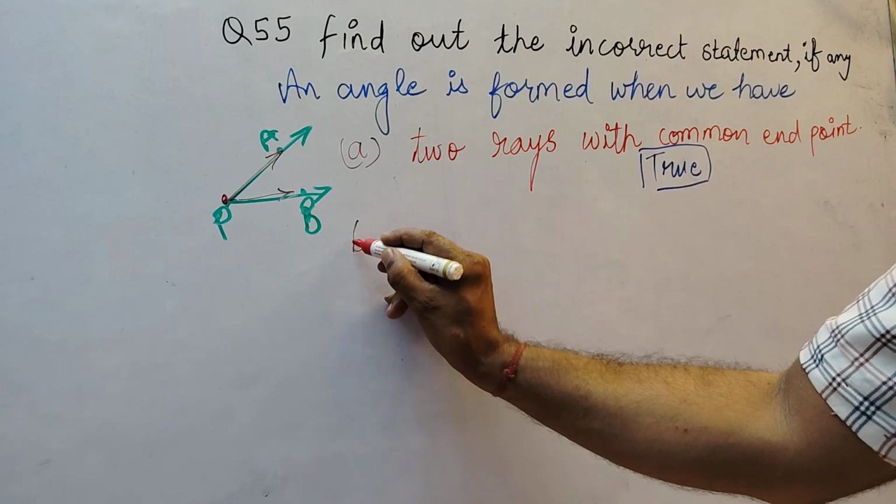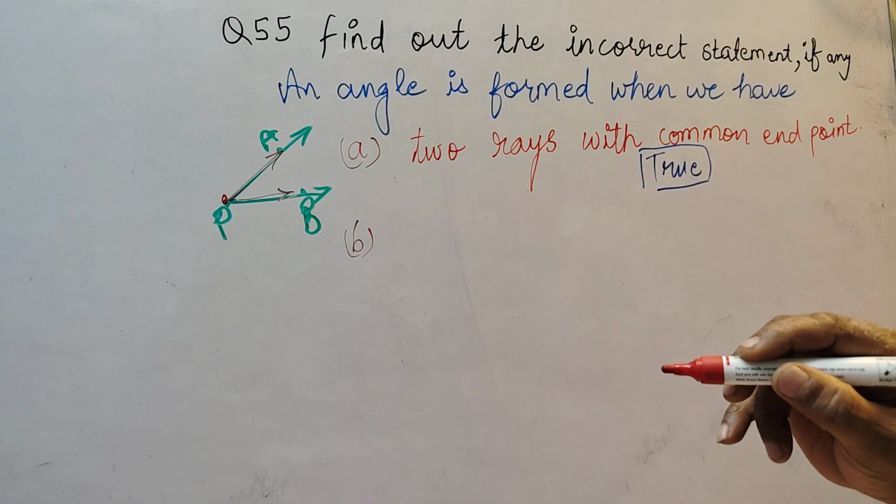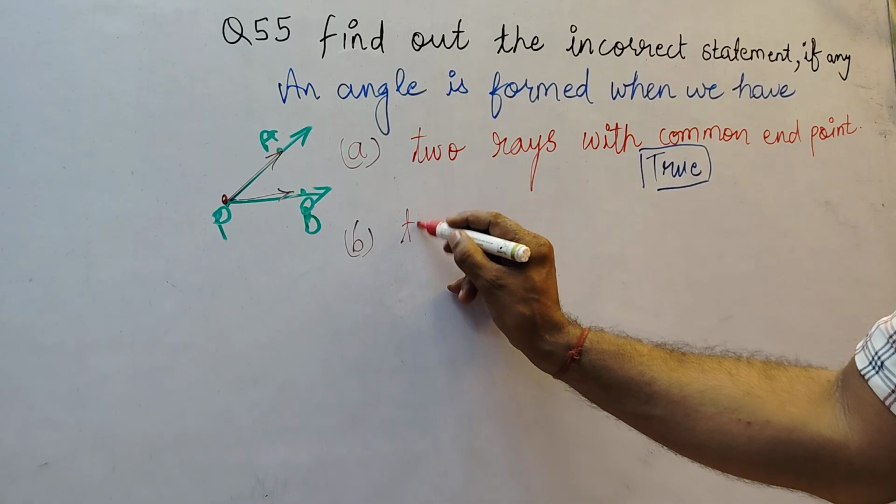Now, B part: two line segments with a common endpoint.